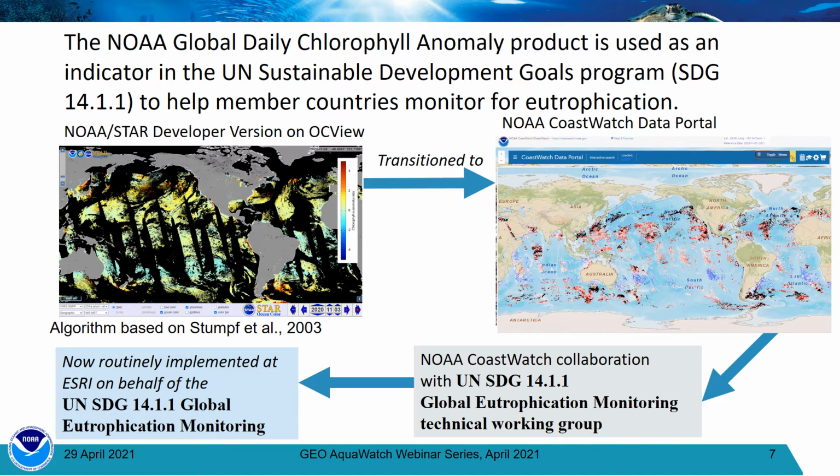These VIIRS chlorophyll anomaly maps are now being used by the United Nations Sustainable Development Goals program as an indicator metric to help member countries monitor eutrophication trends in their respective EEZs.